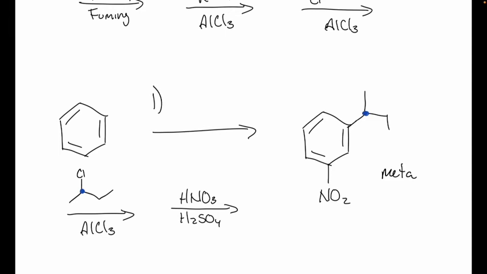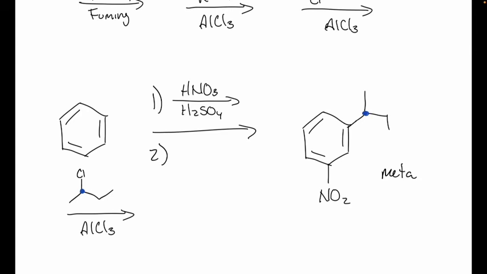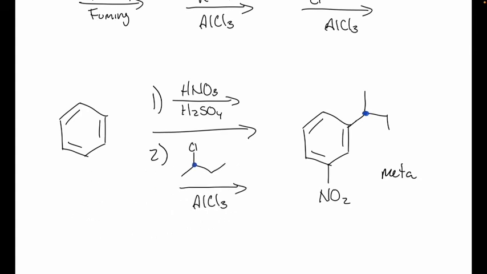So the first thing I need to do is put that nitro group on there. That nitro group is a metadirector. And then I can attach that alkyl substituent. All right, so we got to identify which reactions we're going to use and then figure out the order based on the position of my substituents in my product.